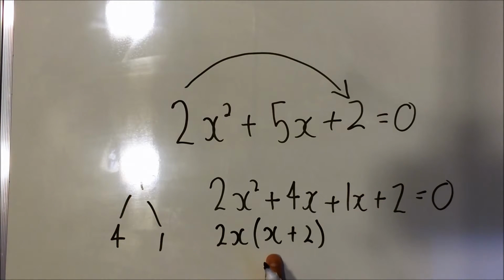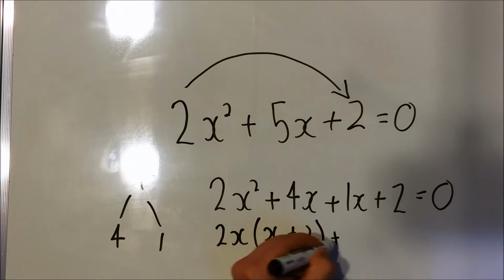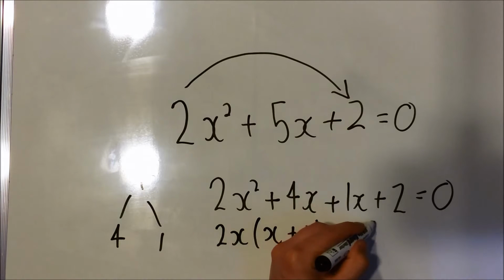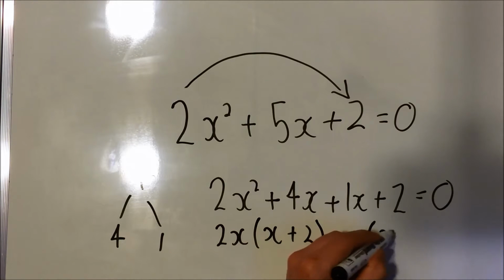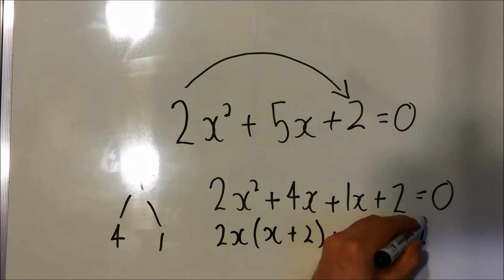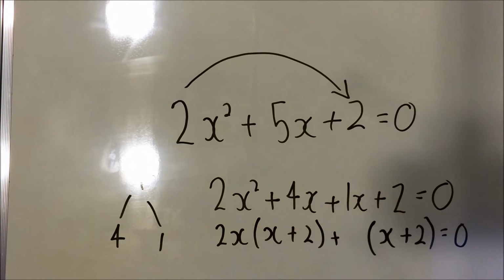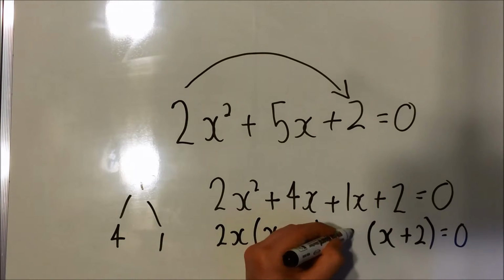So 2x times x gives you 2x squared, 2x times 2 gives you 4x. And we copy the bracket like earlier. And then in this case, there's just a 1 there.